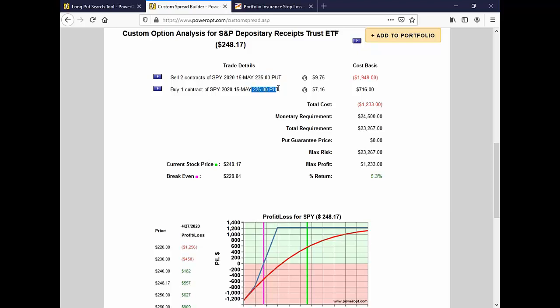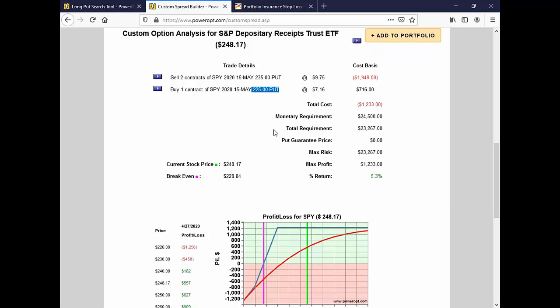Buying a 225 put and selling a 235 is an out-of-the-money bull put credit spread, so I have to put up that 10 points. But I also have to put up the naked put margin, which to be cash secured would be $23,500. That's why we see the $24,500 requirement to cover the full amount for the cash secured put, which is naked, and at the same time, the 10 points on the bull put credit spread.